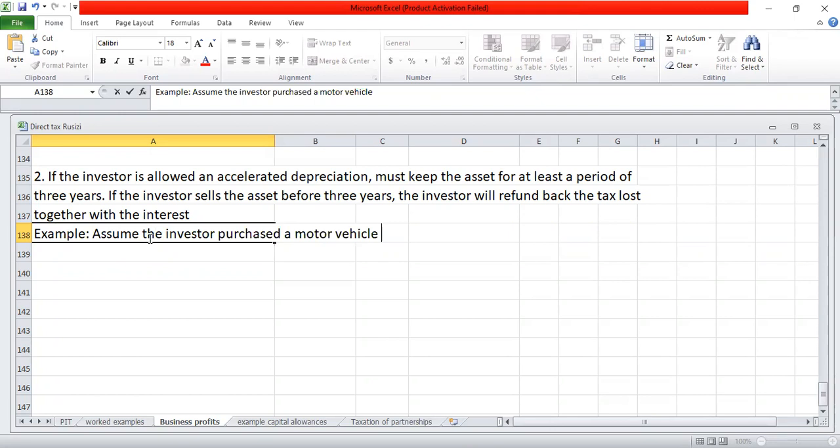We are putting in that case a motor vehicle of 100 million. Let's assume 100 million francs, maybe on 1st January 2020.